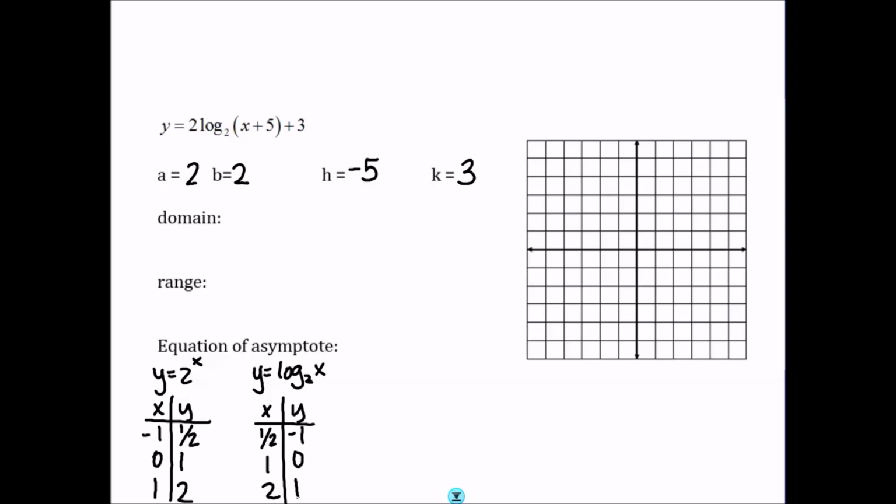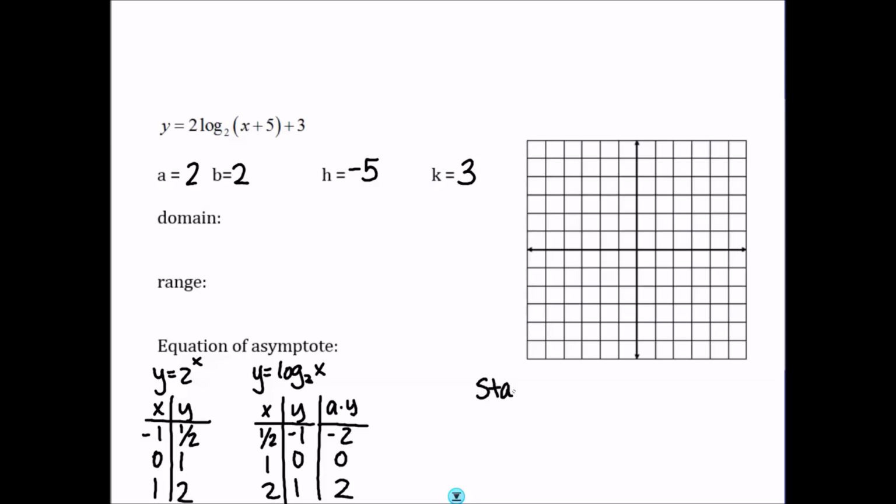Since we have an a value of 2, we need to add another column and do a times y. So we need to multiply all of the y values by 2. It's important that you multiply by a after you have switched the x and y.